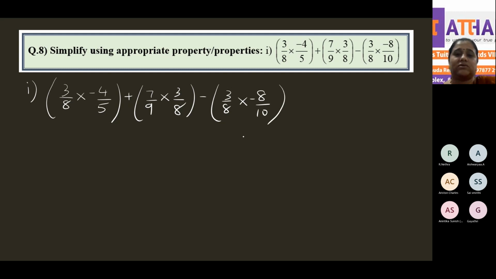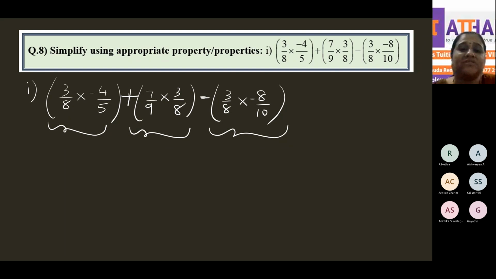This is one term, this is the separator plus, this is the other term, minus, this is the third term. So the entire numerical expression has three parts: first part, second part, third part.